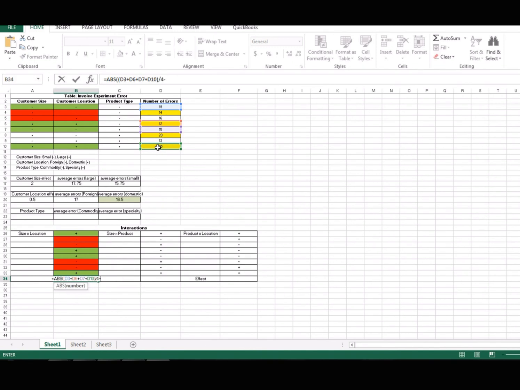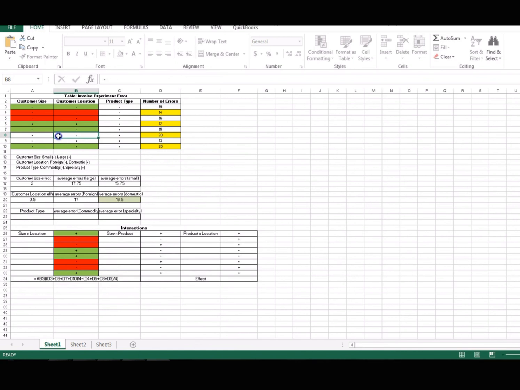We're then going to subtract, put another parentheses, and now we're going to focus on the red. So you're going to say this value plus this value plus this value plus this value, and we're going to divide that by 4, close parentheses.